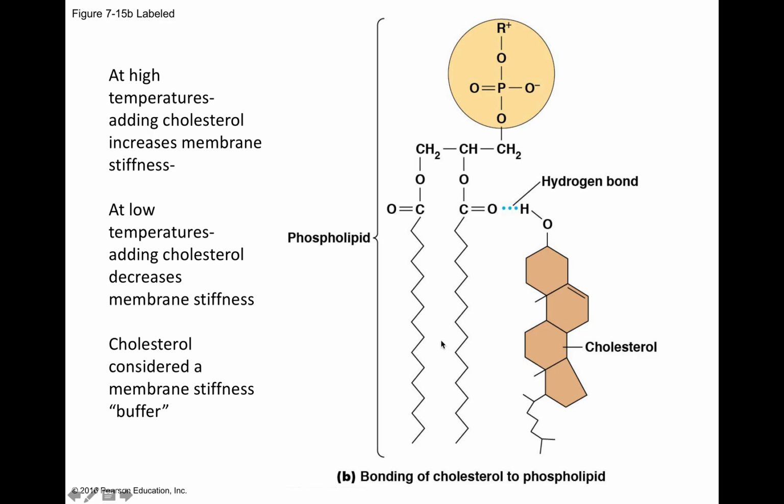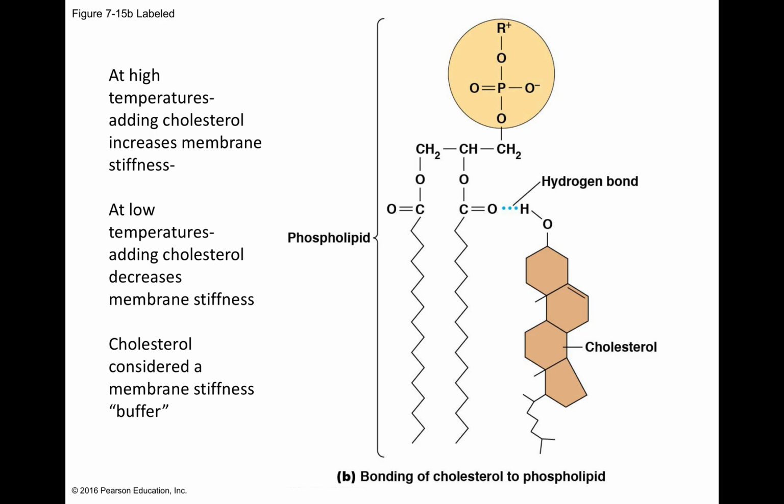And how cholesterol affects membranes is a little bit complicated. So if you are a low temperature organism like a fish, low body temperature, and you add cholesterol to your membranes, it prevents your membranes from being too loose. If you're a high temperature organism like a mammal and you add cholesterol to your membrane, it increases your membrane stiffness.